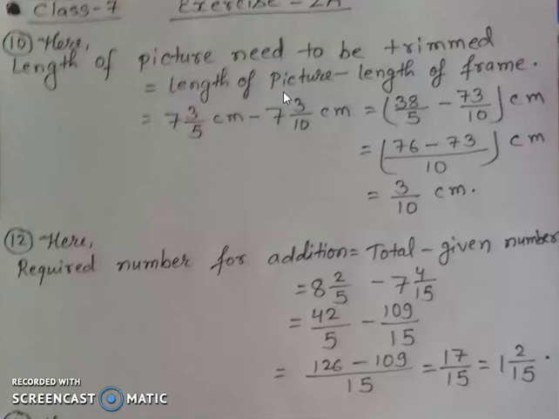If numerators are the same and denominators differ, then the fraction whose denominator is smaller is bigger, and the fraction whose denominator is bigger is smaller. Why? You can easily say 3 parts out of 5 and 3 parts out of 10.